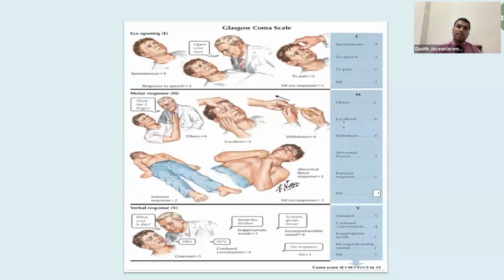If you prick the patient and the patient tries to withdraw the hand, then it's GCS 4. If there's abnormal flexion, that is GCS motor component 3. If it's an abnormal extensor response, such as in this image, it is 2, and nil is 1. Okay.